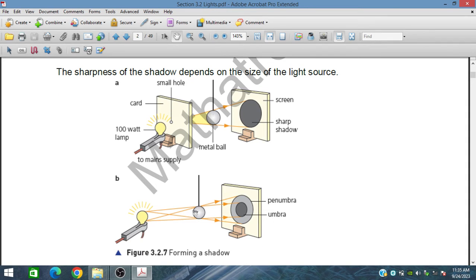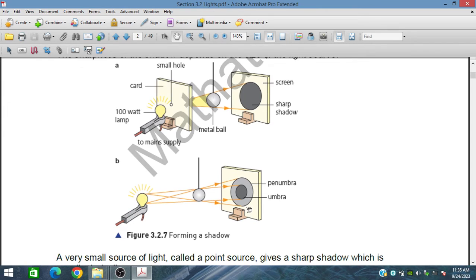In the second setup, we have removed the card, and we see a dark shadow and a gray, lighter shadow. This is a different type of shadow.